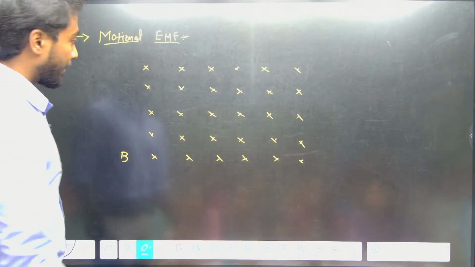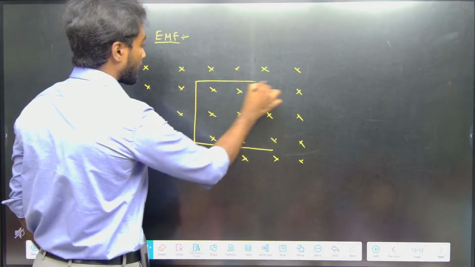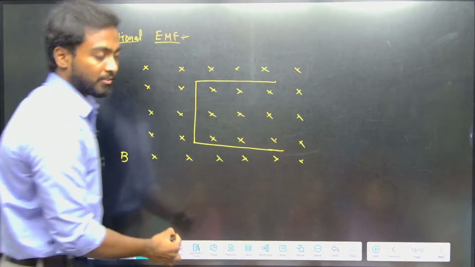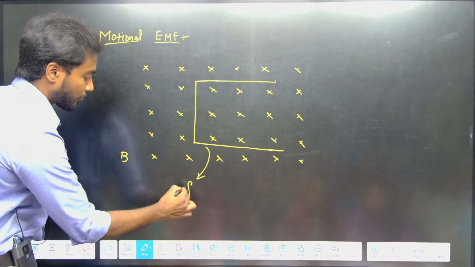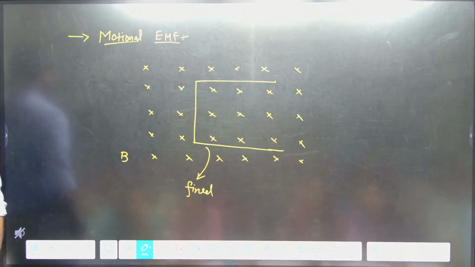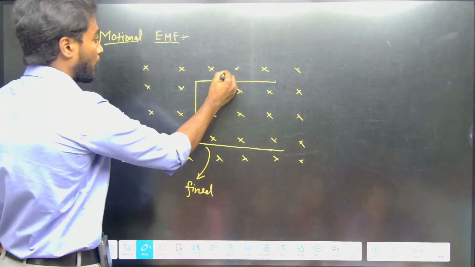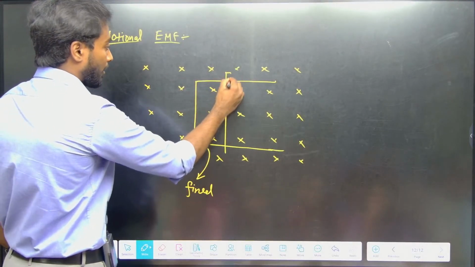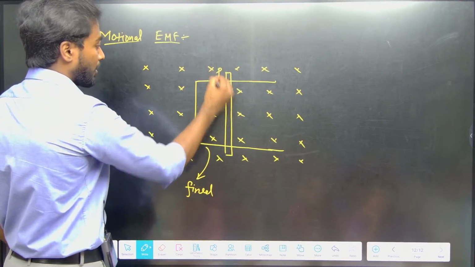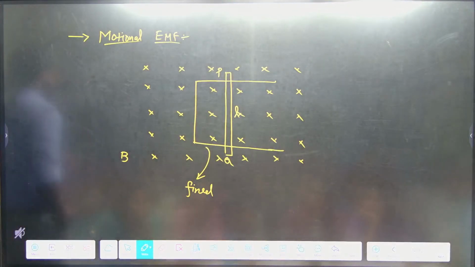Now I am taking a conductor or a metal piece. This metal piece is fixed here. Upon this, I am keeping one more metal rod, PQ, of length L.